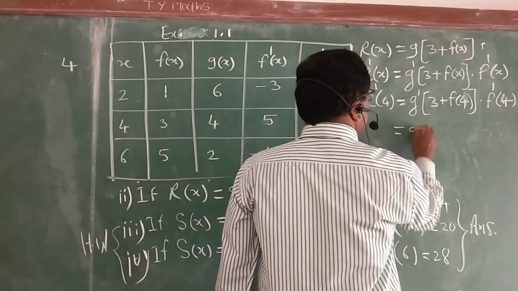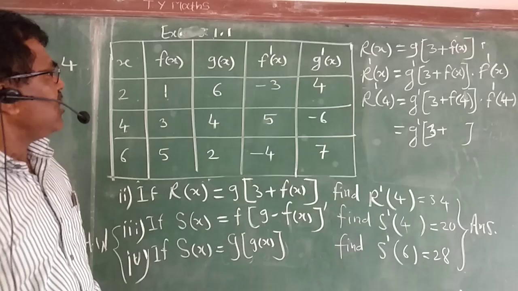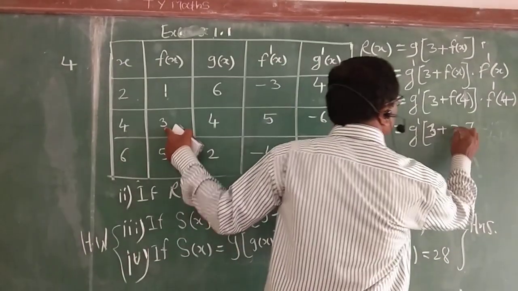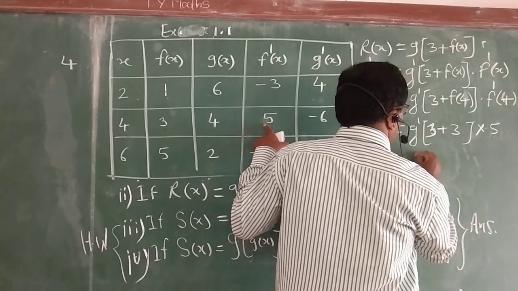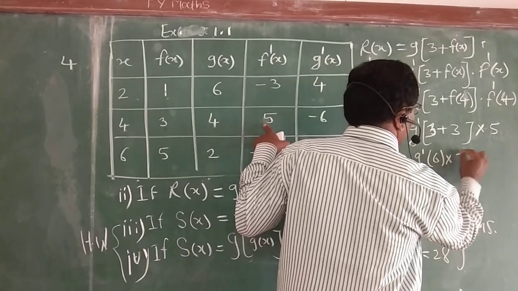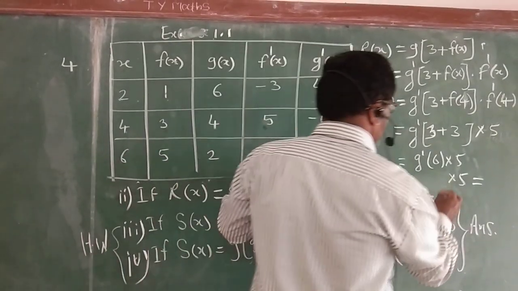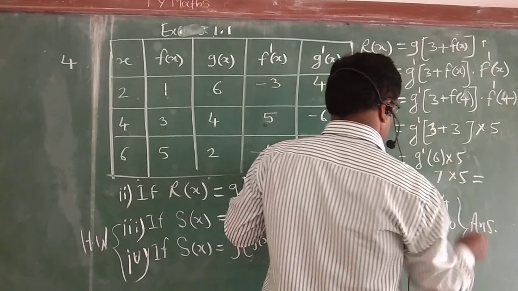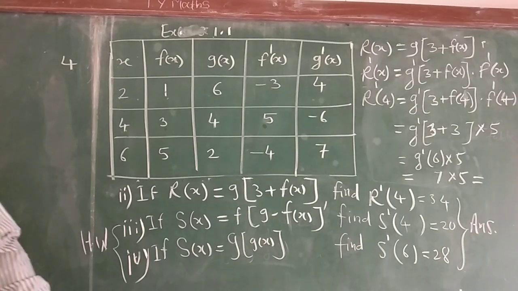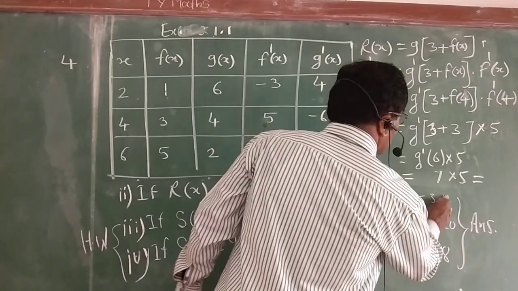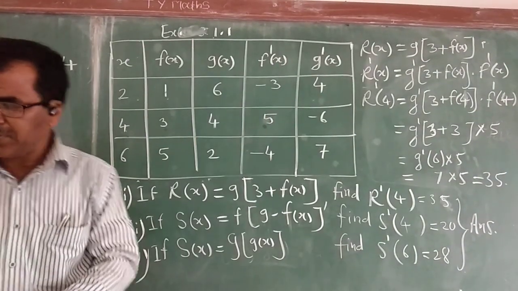What is f of 4? f of 4 equal to 3, into what is f dash 4? f dash 4 equal to 5, that is equal to g dash 6 into 5, g dash 6 equal to 7. R dash 4 equal to 35. Answer, 35.